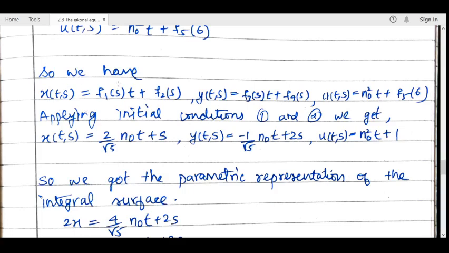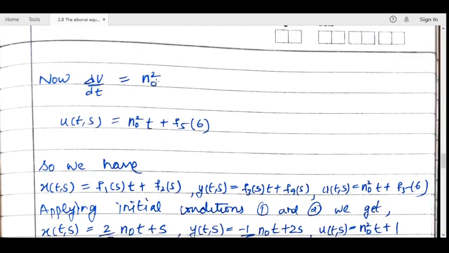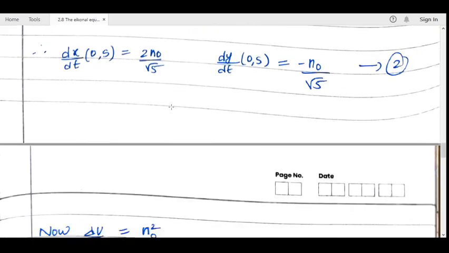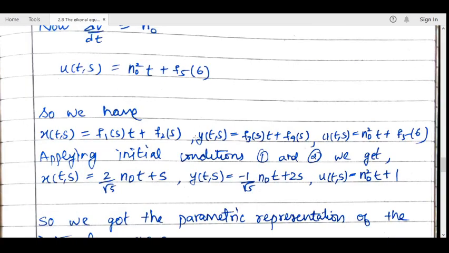So when you do dx by dt, here you will get f1 of s, which is equal to 2 n naught by root 5. Similarly you will get f3 of s as minus n naught by root 5. So we have substituted the values here.